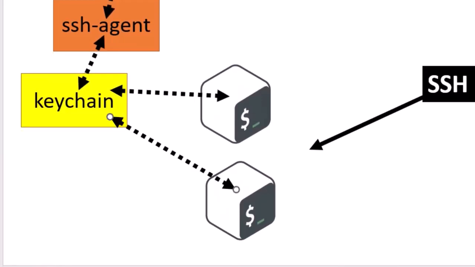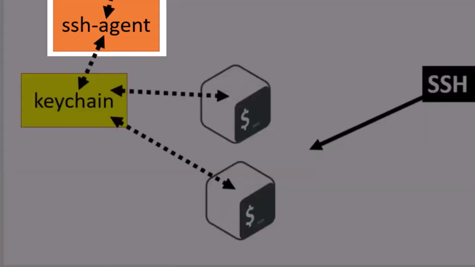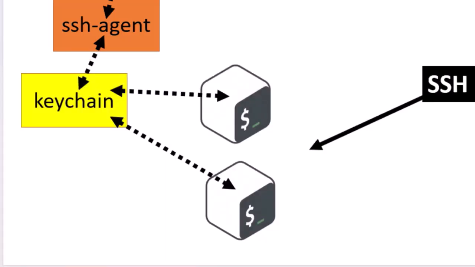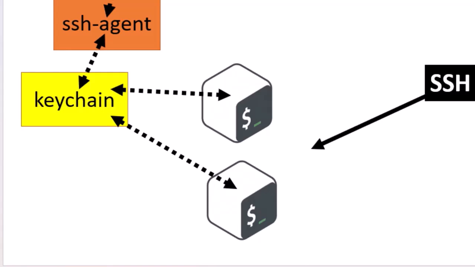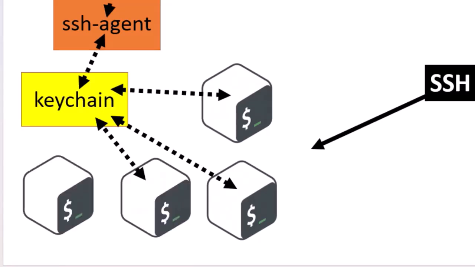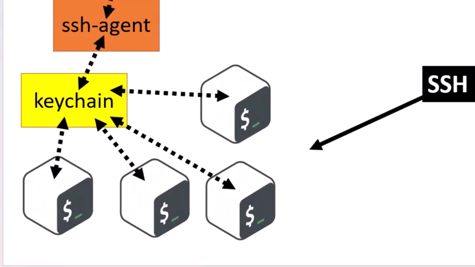Every new shell will call Keychain, but we'll see there's an agent process already running. Keychain will reuse that agent process. You won't even be asked for your passphrase, as you'll see soon. Now every new shell will have immediate access to use your private key. Without further ado, let's head over to the shell and make this happen.